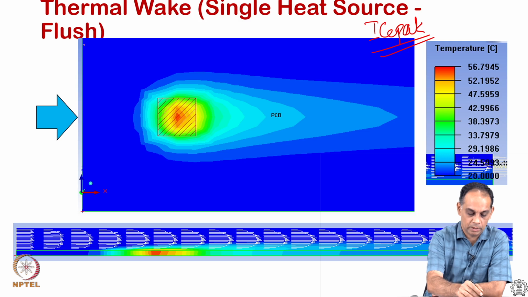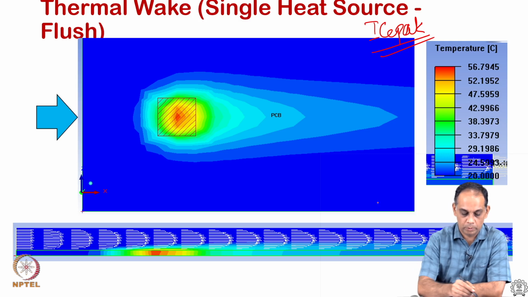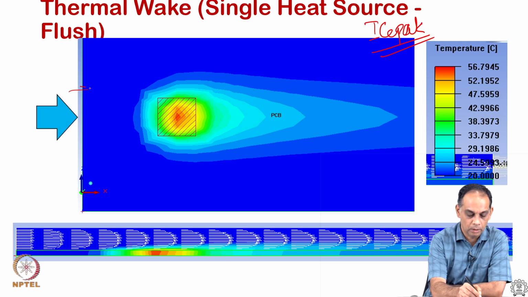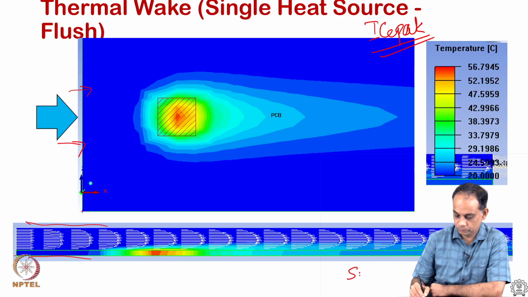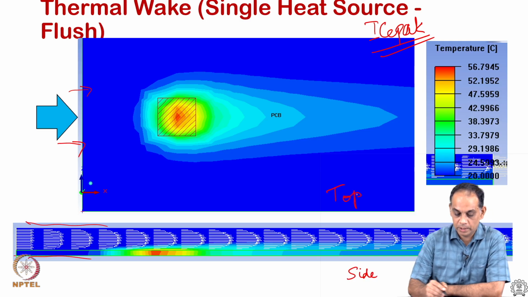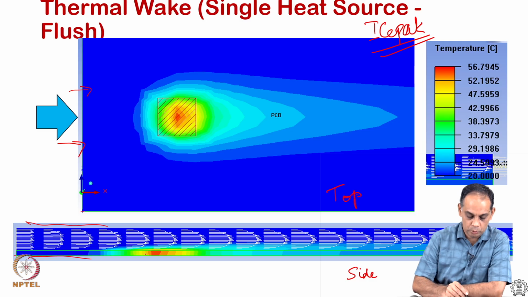So, here is the situation. This is a PCB over which air flows, and this is a top view, and this is the side view on the bottom. This is the side view. This is the top view. As you can see, the heat source is mounted on the substrate. This is the heat source and it is not protruding out.